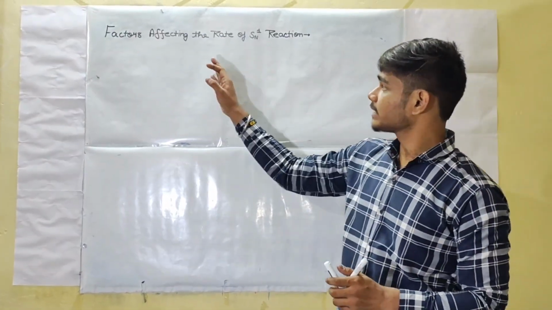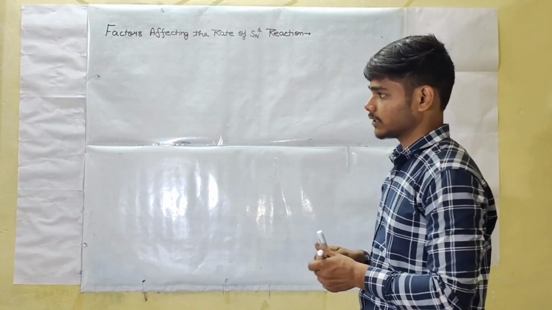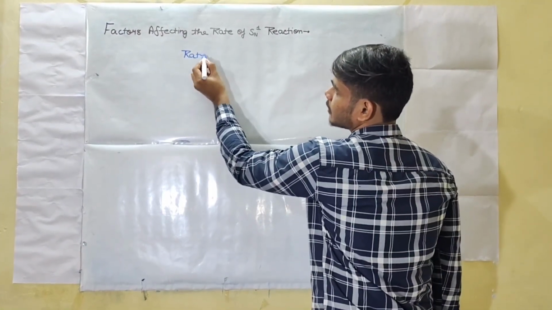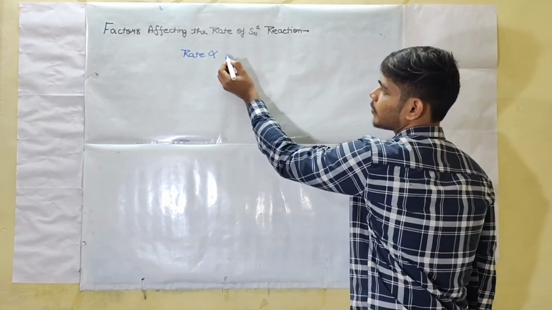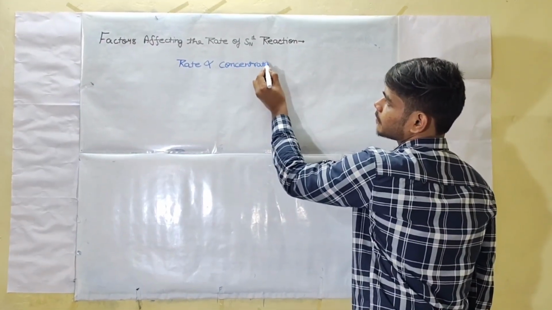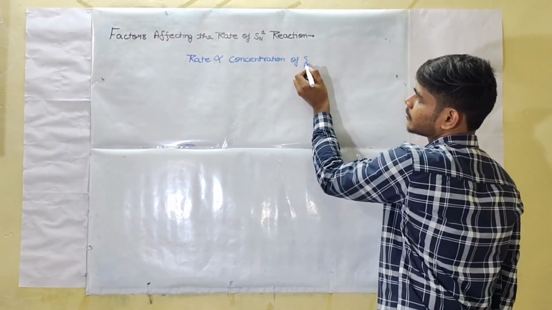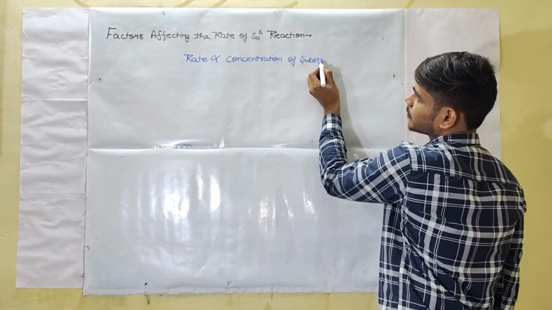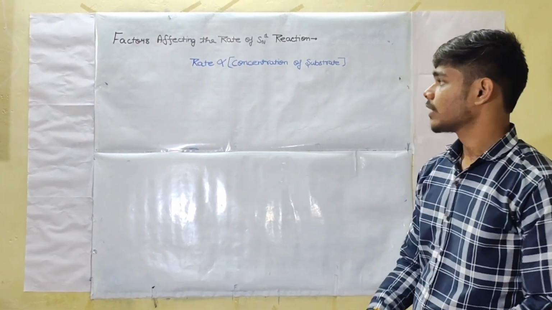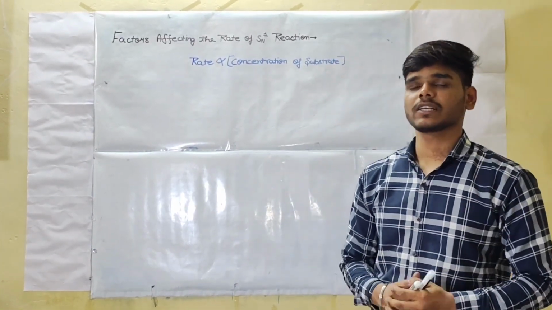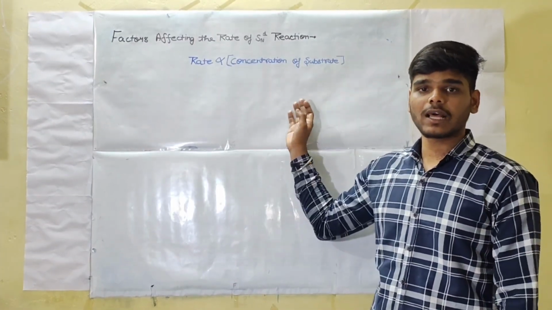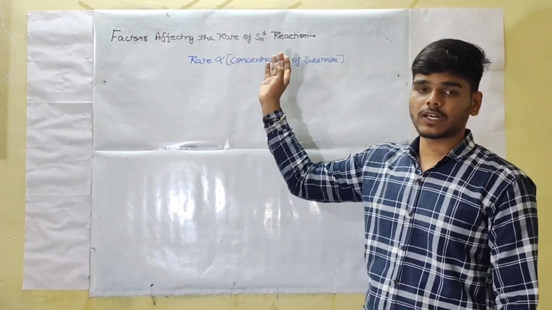Now we go through the factors affecting the rate of SN1 reaction. The rate depends upon the concentration of substrate. As the starting substrate more easily loses the leaving group, forming the intermediate carbocation, the rate of the SN1 reaction is higher.